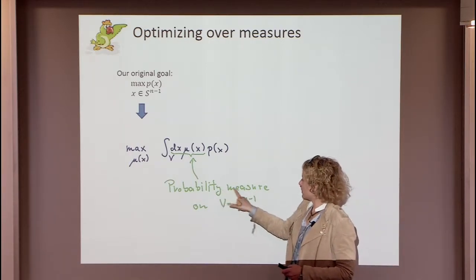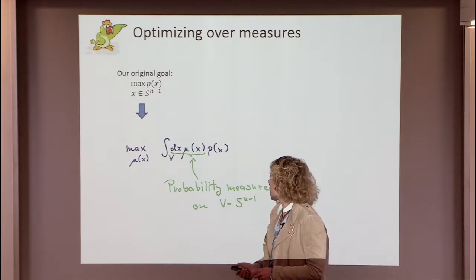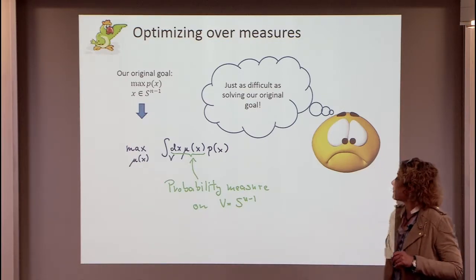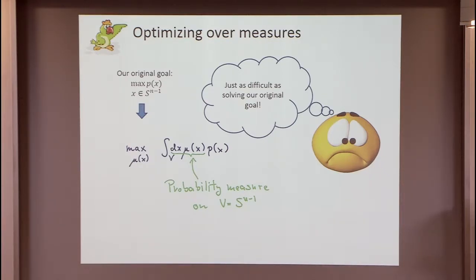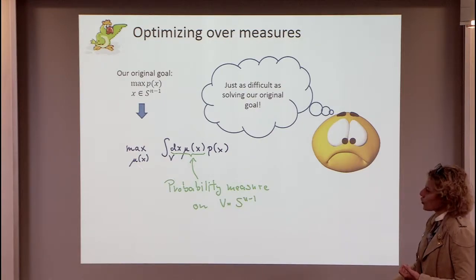I'm calling this a probability measure because I really want to emphasize that this is normalized. Of course, now we haven't really gained anything. It's just as difficult as solving our original goal. But I guess you're all familiar with this. Writing it this way now suggests a very natural way to relax the problem, giving a hierarchy of semi-definite programs that will get us closer and closer to this true optimum.